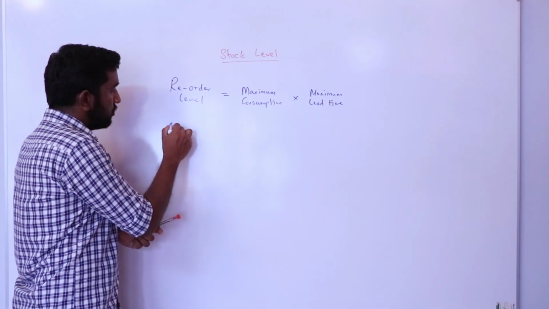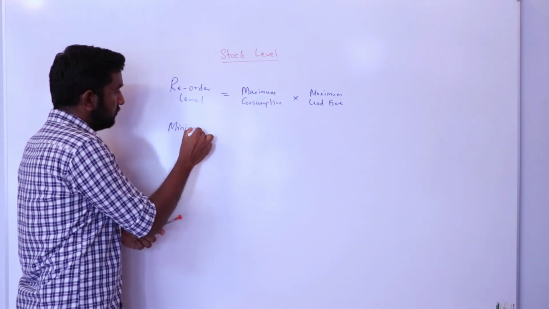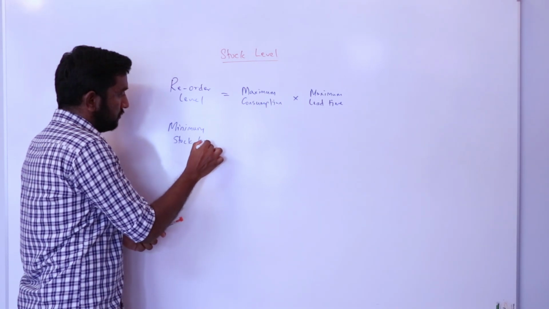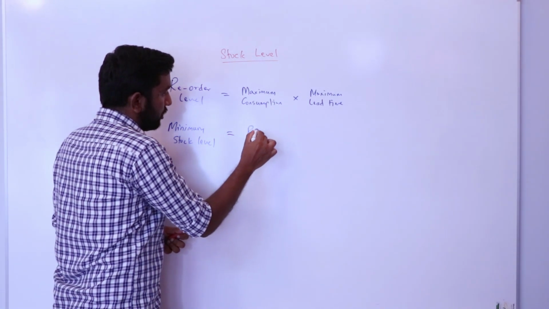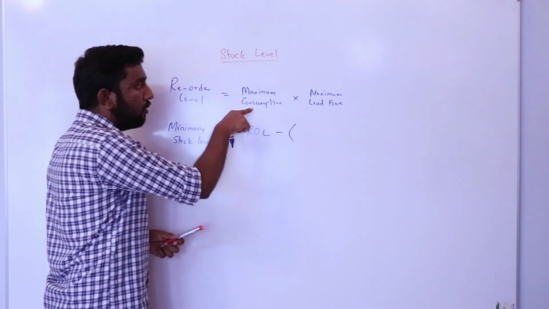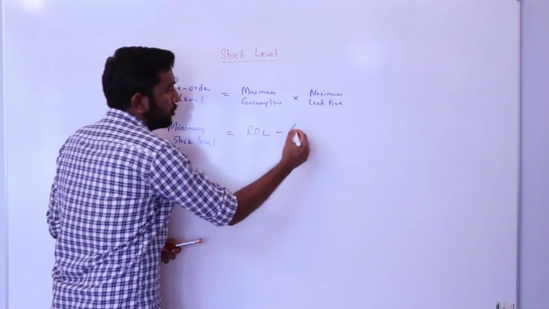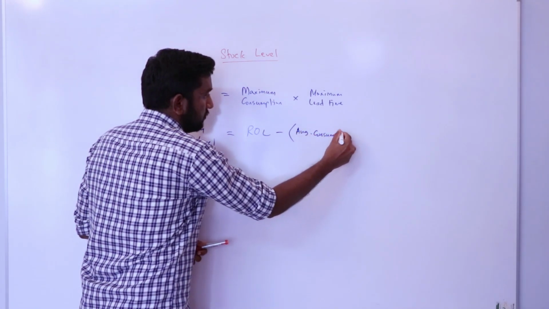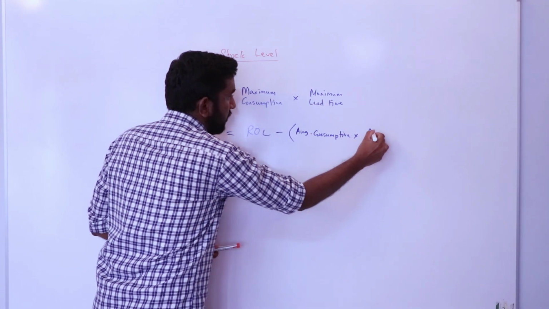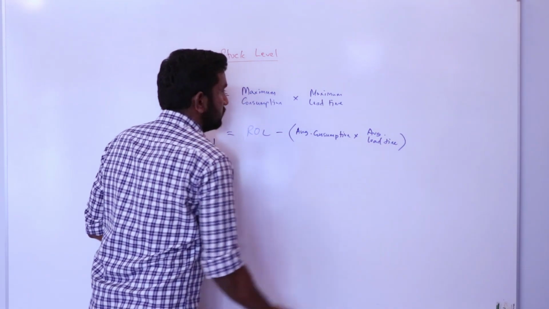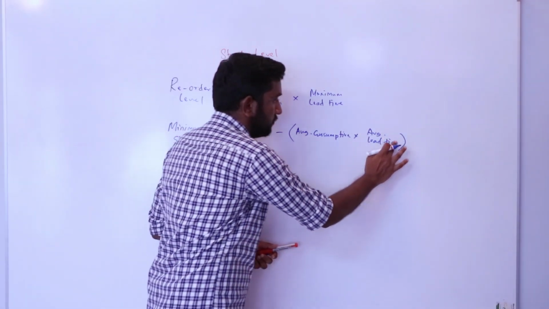The second one is minimum stock level. Minimum stock level equals reorder level, which you got from here, minus, so you have already used maximum into maximum, it should be average consumption into average lead time, right?